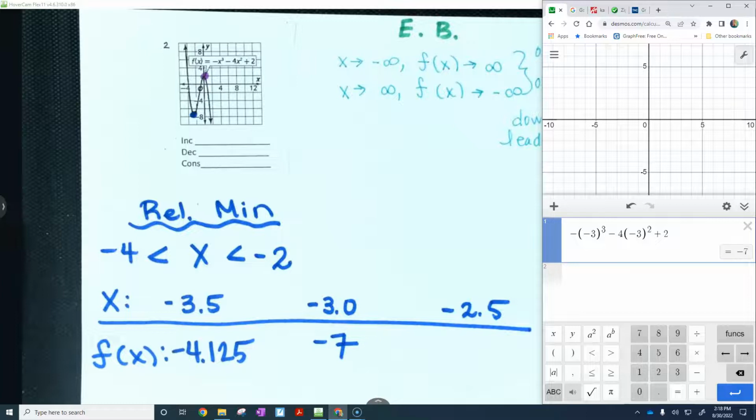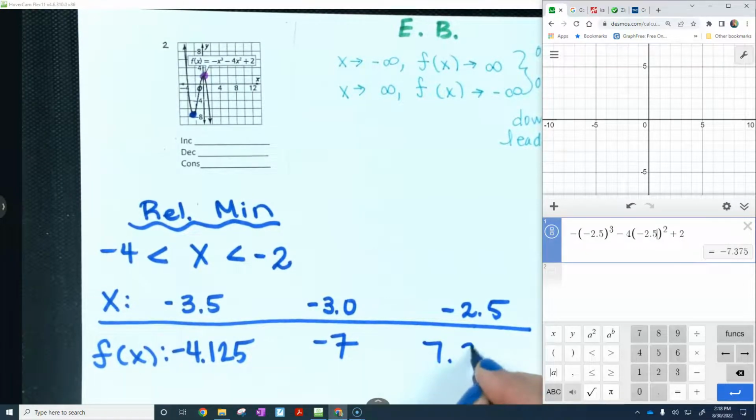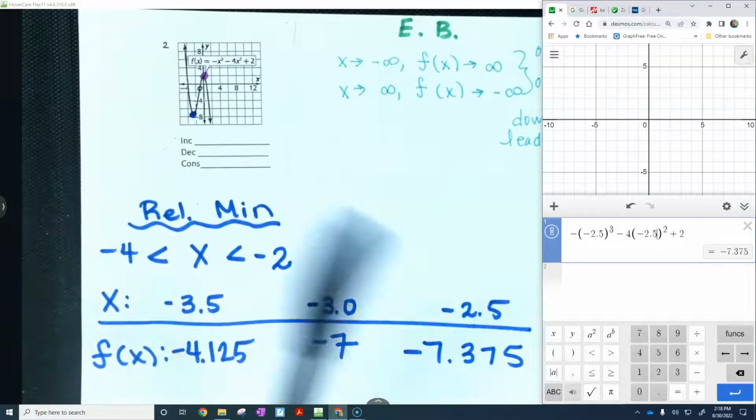So I'm going to delete those 3s. I'm going to type in negative 2.5. I got negative 7.375. Did y'all get that? Negative 7.375. Yes. We're all good on this? We're going to copy this down right here. Ooh, I forgot my negative.